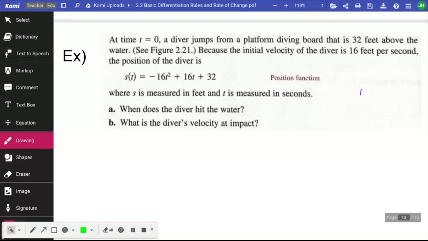Here's my diving board off a platform. This whole thing is 32 feet. That's the information given. And we have a person jumping off. There's my little stick person diving, and he's going into the water. I know I'm an amazing artist.